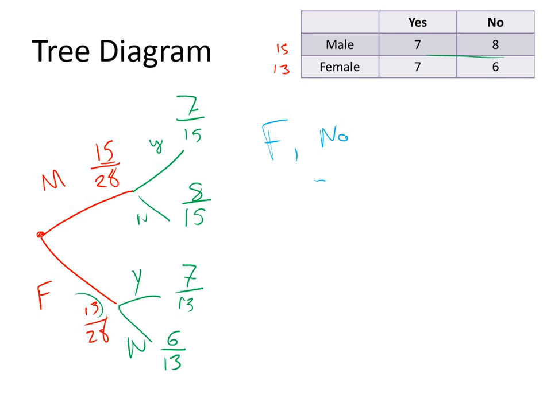So you'd go 13 over 28 times no would be 6 over 13. And that would be your probability of it being female and no from the beginning.